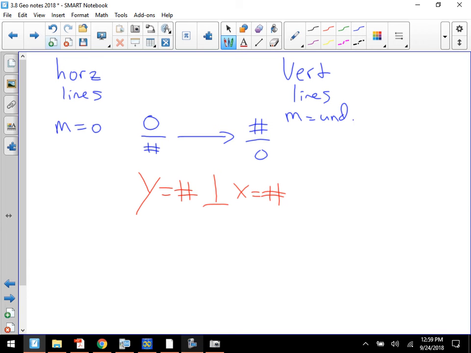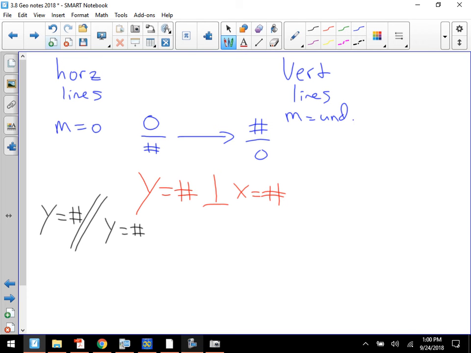Okay? That also means what's always parallel to y equals a number? Another y equals a number. Y equals 3 is parallel to y equals -2. They're horizontal lines. Every horizontal line is parallel to every other horizontal line.